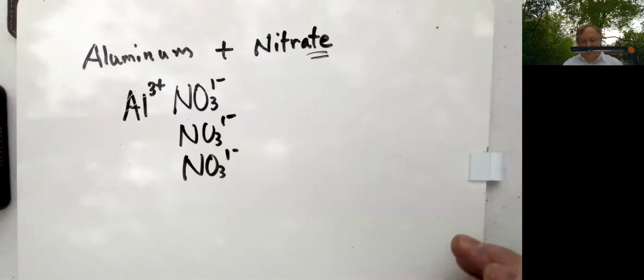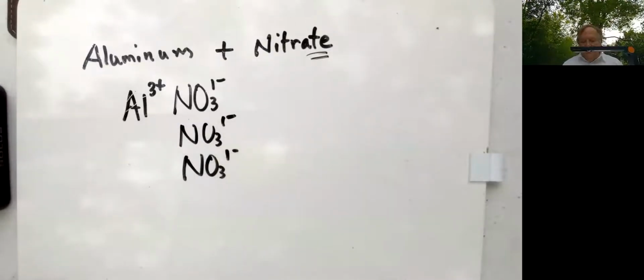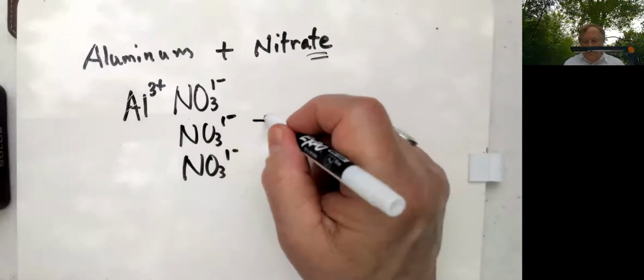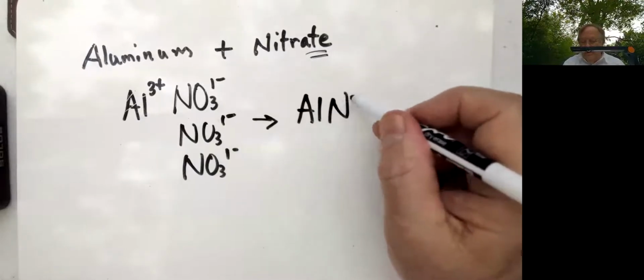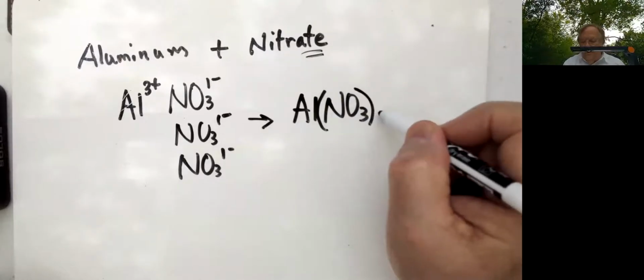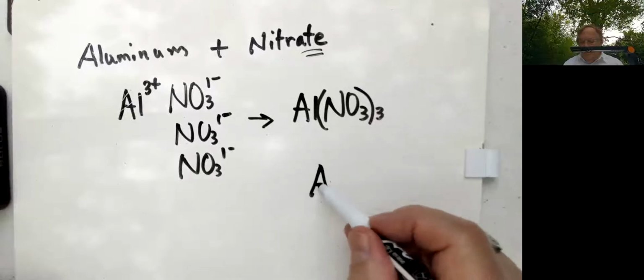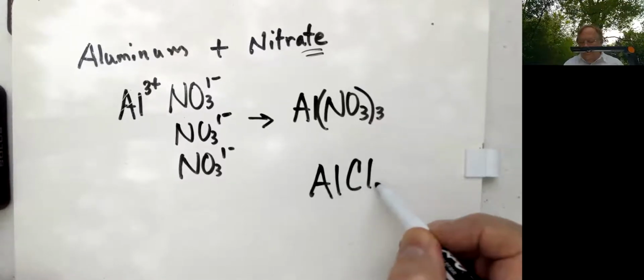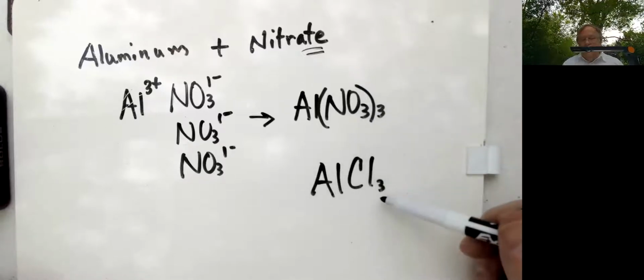So since the aluminum is already 3, then you're going to have 3 NO3s to get up to a -3. And this formula then would be Al(NO3)3. The difference there in this one and that one is that this one you don't need parentheses because there's only one atom there.